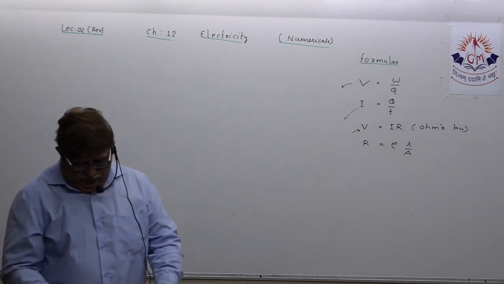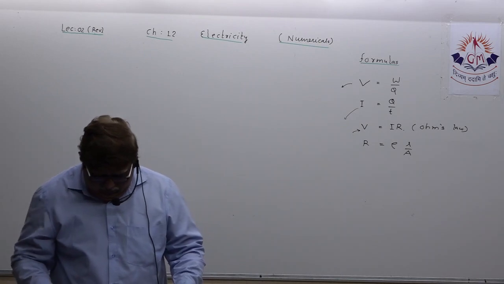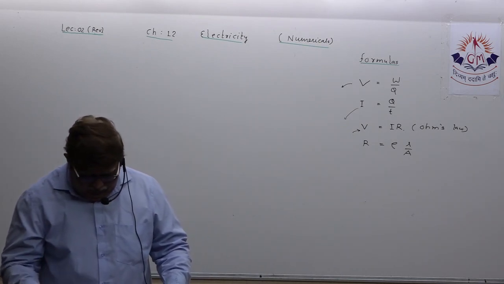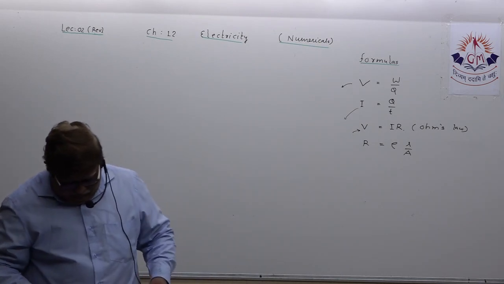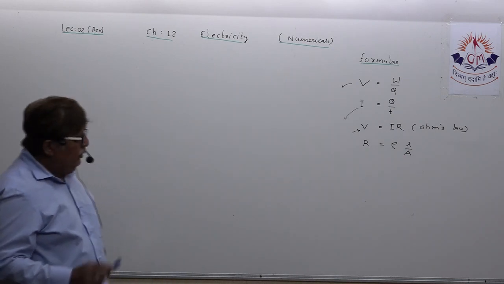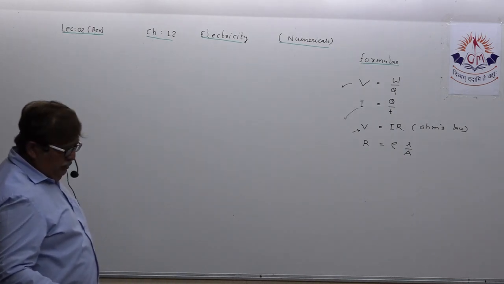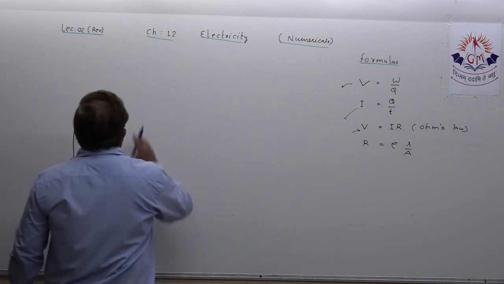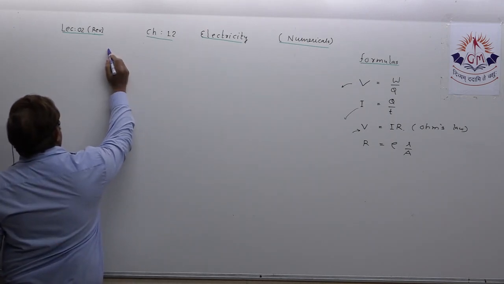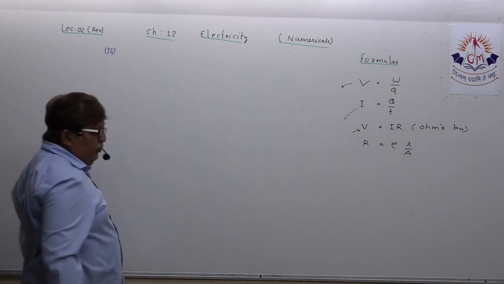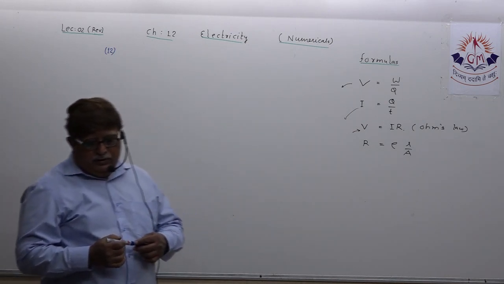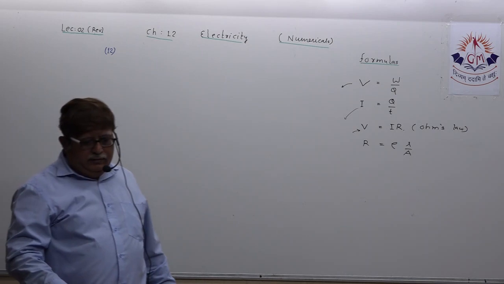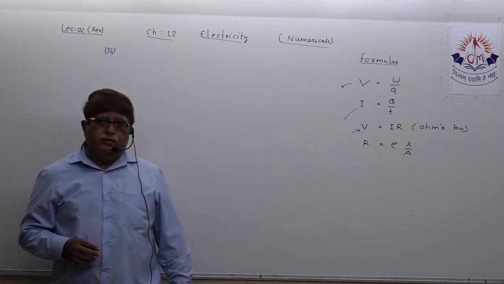Okay. See, dear student, we are trying to solve this particular numerical number 12. See, what I want is that you have to stick to one particular method. Suppose sometimes some students are just reading all MCQs.